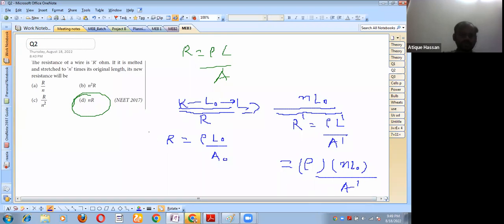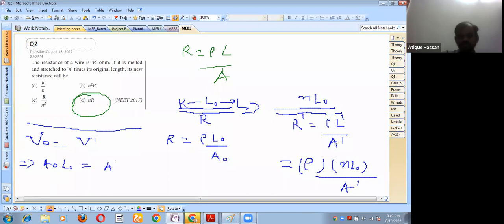To find the area, we apply the volume constant. Volume is not going to change. So initial volume V0 will be equal to new volume V dash. What is volume? Area into length.